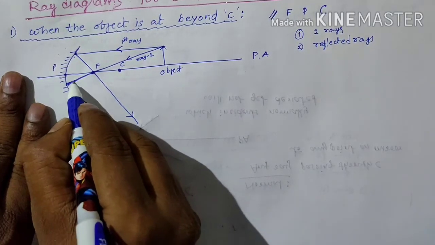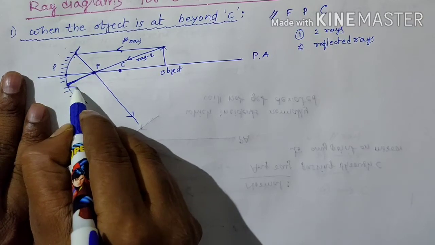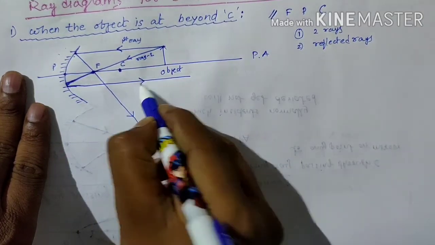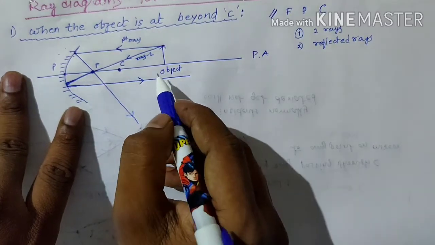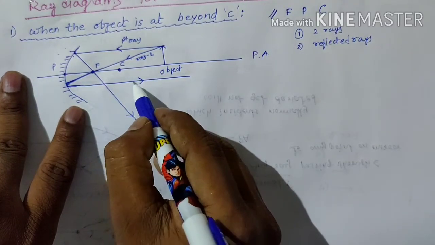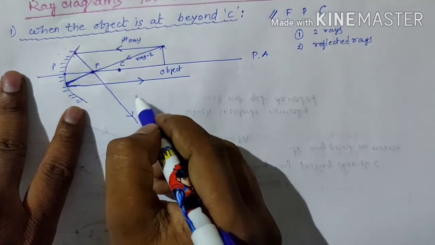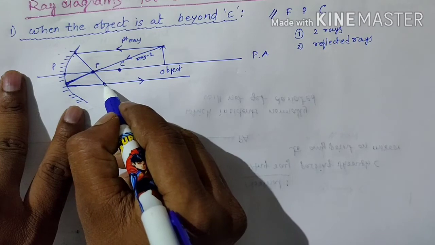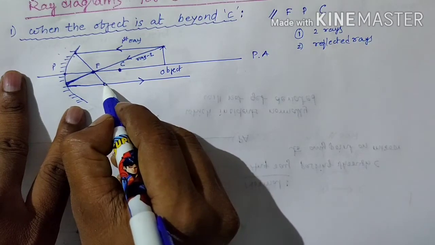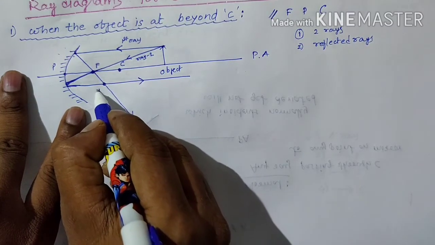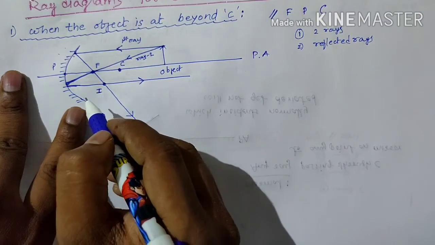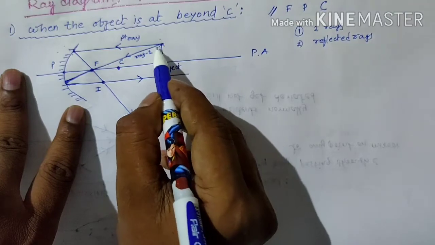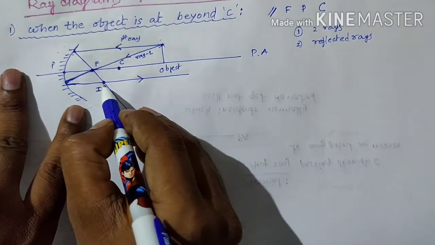So I am drawing this, the second reflected ray. Here these are the two reflected rays. The point where these two reflected rays meet, there the image will be formed. There the image of the tip of the object will be formed.